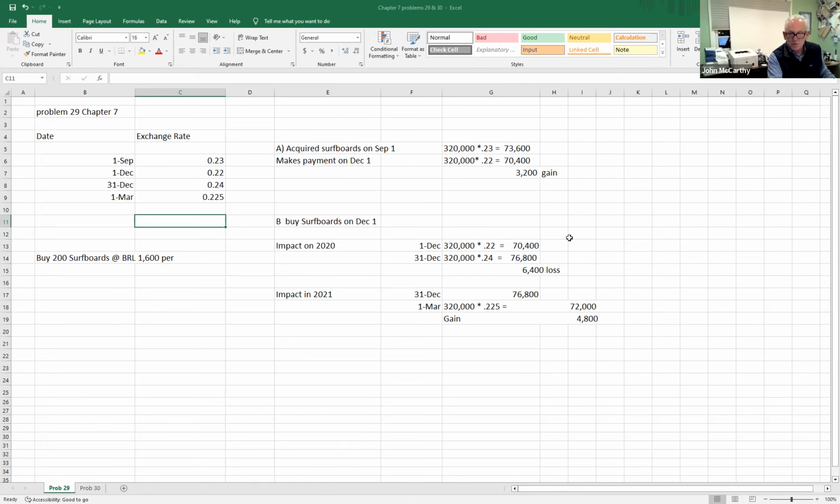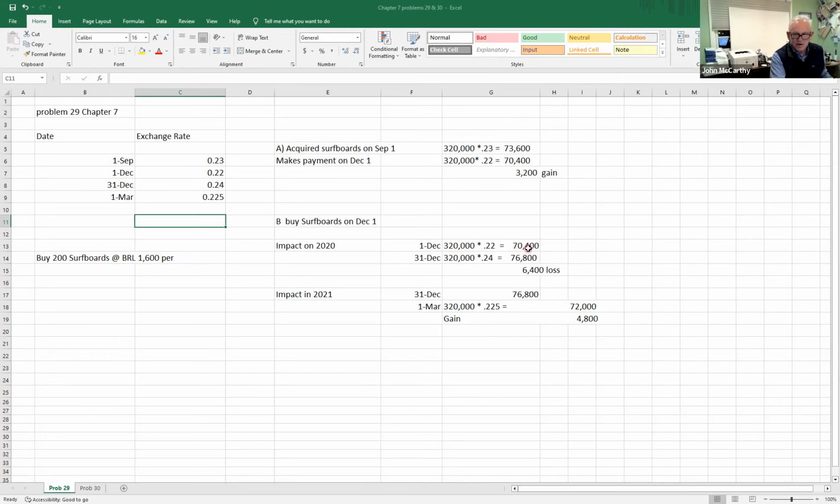The impact in 2020: we bought them on December 1, so it's the same exchange rate as up here. It was 320,000 reais at December 1. We can buy 320,000 reais at 22 cents a reais.